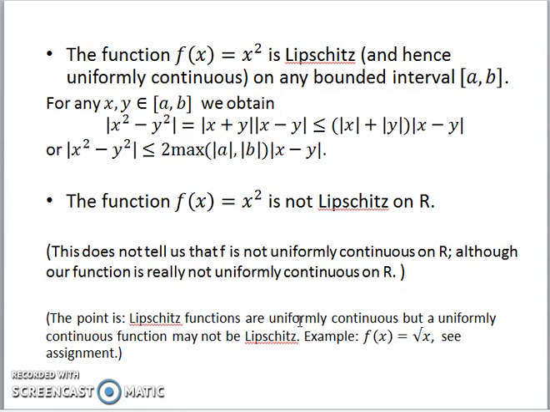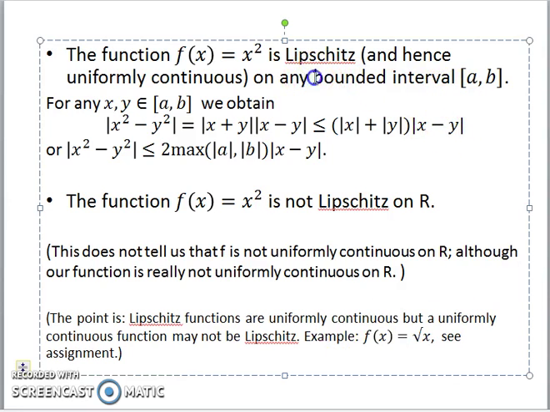The function f of x equal to x squared is Lipschitz on any bounded interval [a, b], and hence this function is uniformly continuous there, because we know that Lipschitz functions are uniformly continuous.